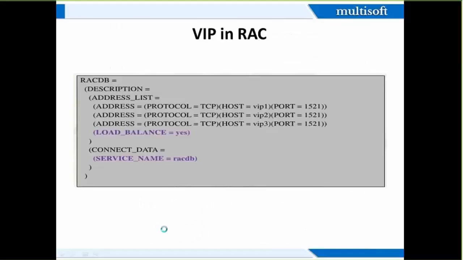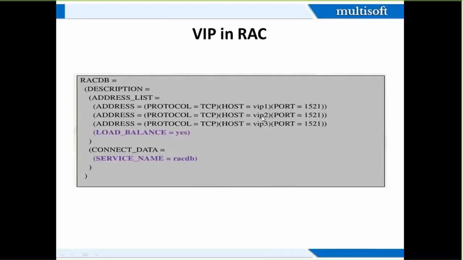Okay. Next is VIP, virtual IP. This is a small example of my TNS file. You can see that instead of putting a physical IP, I have given a VIP here. So your request comes to that particular VIP, which is defined on top of your physical IP. Suppose one is down, then that request will fail over to the second available IP, whatever IP is defined.